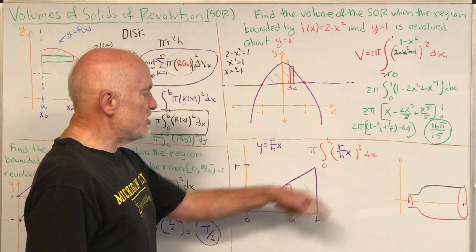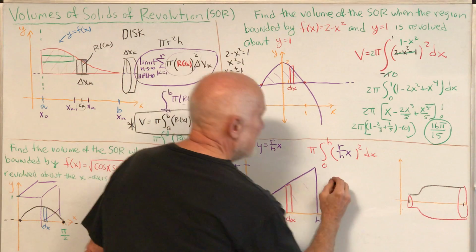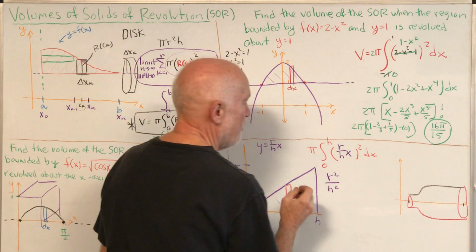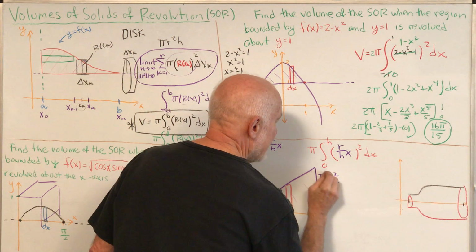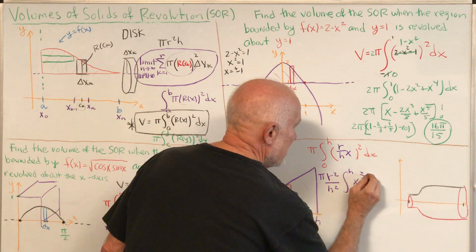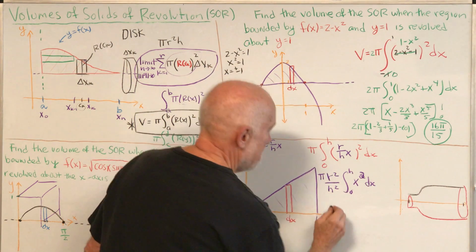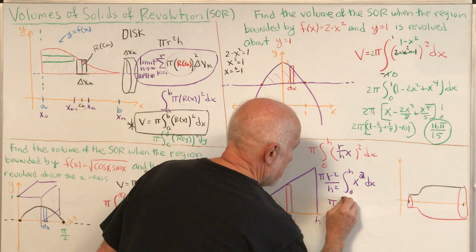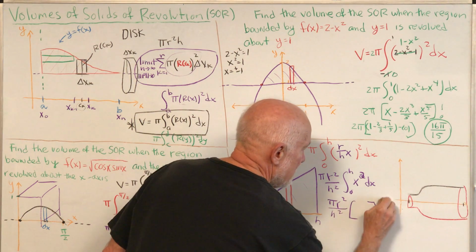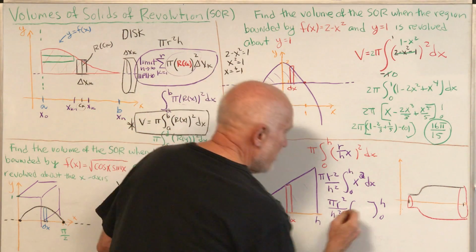So I can just put that. Now r and h are just constants. So I could take the r squared over h squared out front along with the pi, and then I just have x squared dx. And the antiderivative of x squared is x cubed over 3.